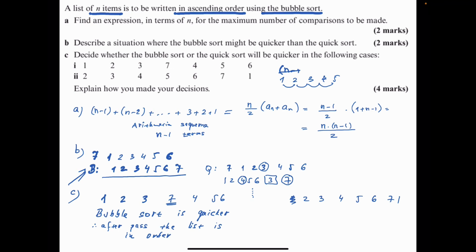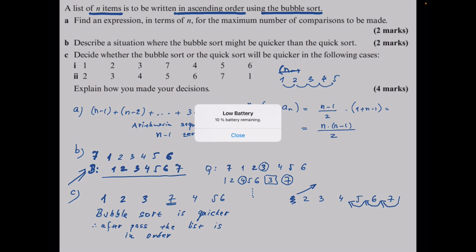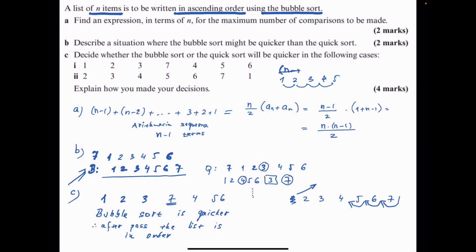Now when you look at the second one, this doesn't have to be the case, because if I would do the bubble sort and I need to go from the minimum to maximum, after the first pass, number 1 would only move here. After the second pass, it would move here. After the third pass, and so on. While if you're going to do the quick sort, then identify the pivot.